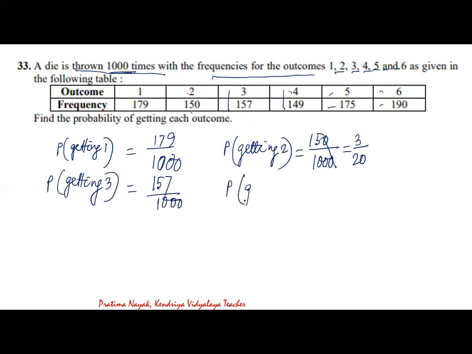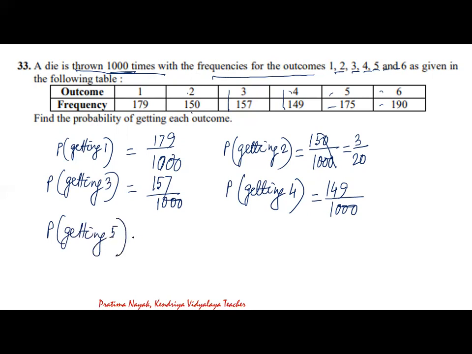Probability of getting 4, 149 by 1000. Probability of getting 5 is equal to 175 by 1000. Probability of getting 6 is equal to 190 by 1000.